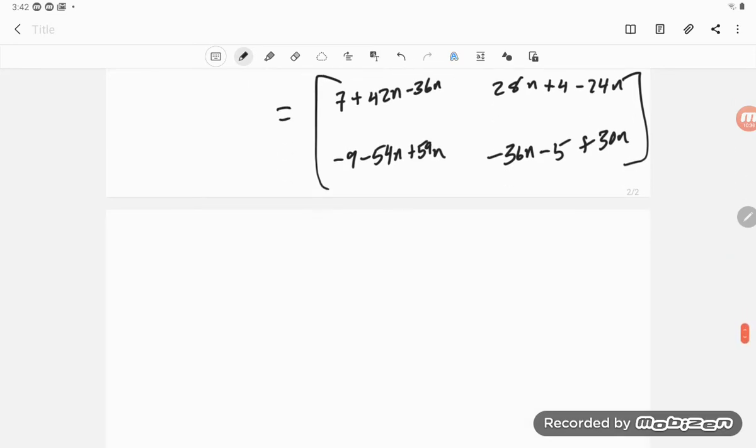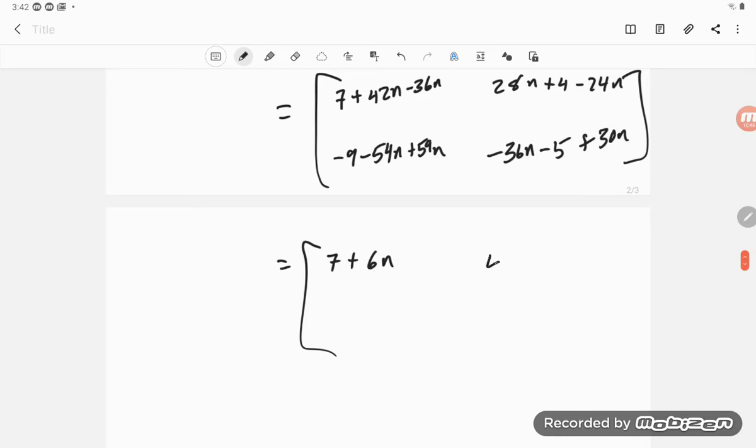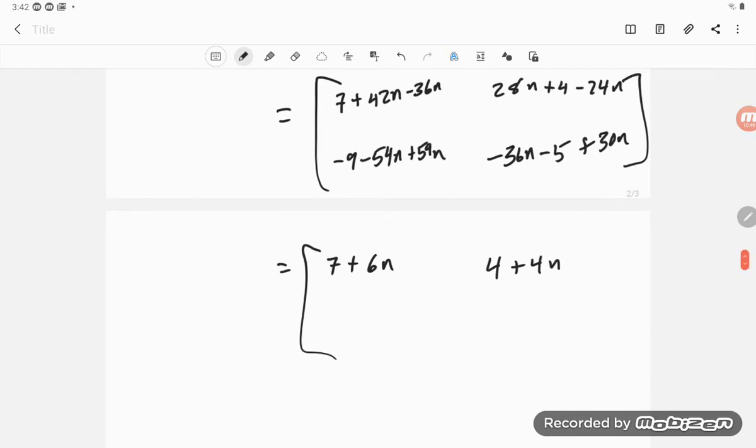Whew. Okay, so this is 7 plus 6n, and 4 plus 4n, and minus 9 plus 5n, and minus 5 minus 6n.